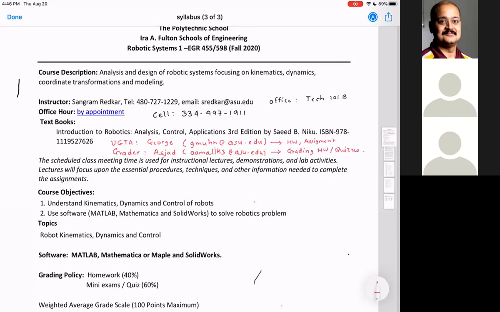I will also generate a rubric and I will give that to Asjad. And Asjad will follow that and grade and post your grades. So if you have any questions related to the grading, please send an email to Asjad and copy me on that email. So questions related to grading, Mr. Malik is your point of contact.